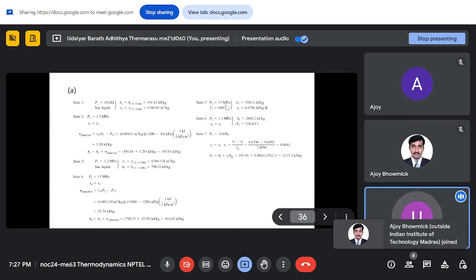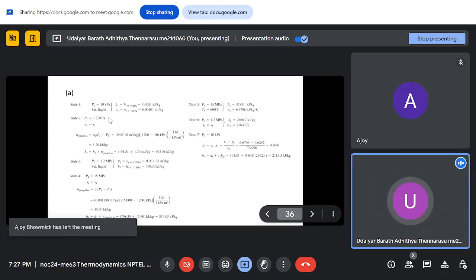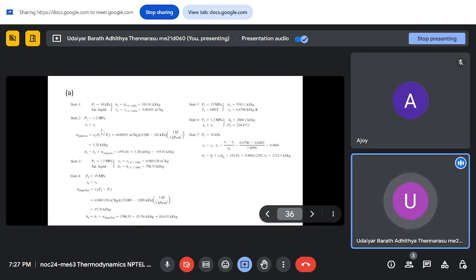State 5 is 15 megapascal and 600 degrees Celsius, P1 is 10 kilopascal, and P2 1.2 megapascal is given, so you can find those. Then the pump work: state 3 you are assuming is saturated liquid, so you can straight away get it from the steam table. Similarly P4 is 15 megapascal, and you can find enthalpy at 4 using the pump work in the second pump.